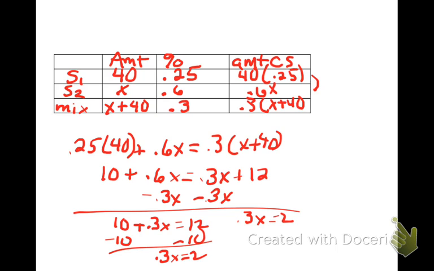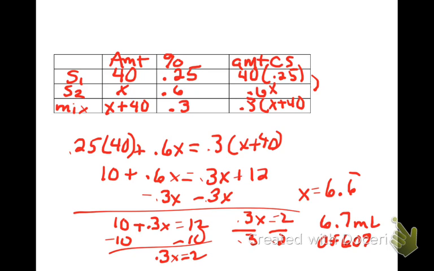So now I need to divide by 0.3. And if I do that, I get x equals 6.6 repeating. So going back and reading what the question said, how many milliliters of the 60% solution? So let's just go ahead and round it. 6.7 milliliters of 60% solution.